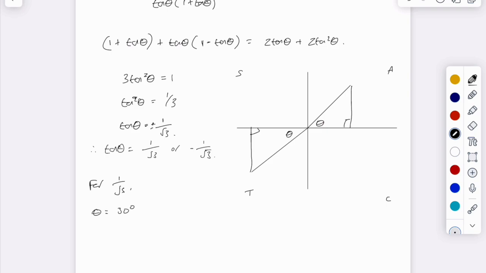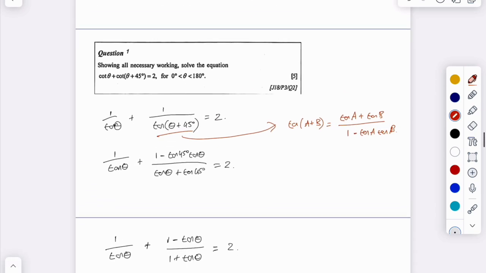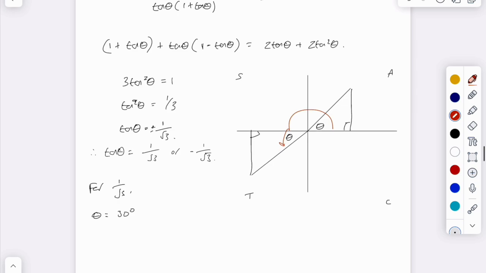Okay, and that means, therefore, that if we're going to go all the way around, that means that theta is going to equal 180 plus 30, which is equal to 210. However, that is not within our bounds. Okay, so we can't use that. Okay, so that basically does it for the positive side.